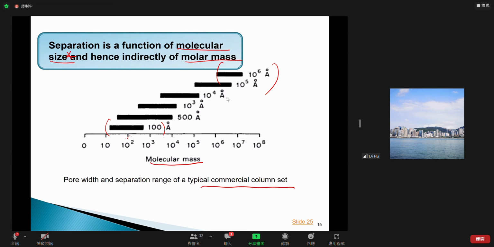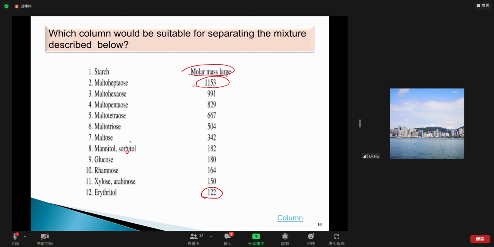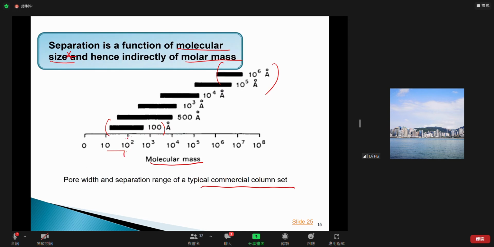Yeah, you guys get different answers. We want more than 100. The smallest one is 122, right? The largest one is about 1,000. So you want to separate something between 100 and 1,000, right?